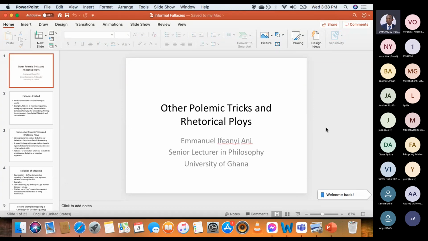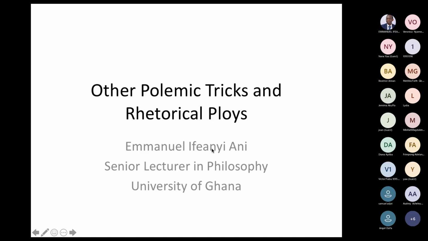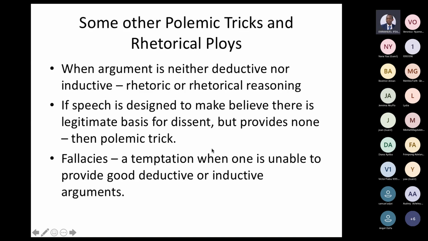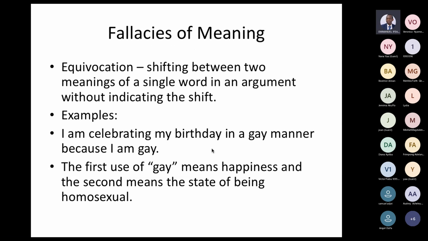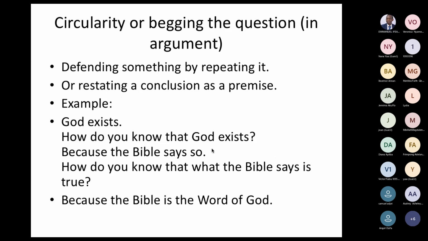So those fallacies that are committed outside these kinds of reasoning, we call them the informal fallacies. So, for instance, we have fallacies of meaning. Equivocation is an informal fallacy. Circularity is an informal fallacy, defending something by repeating it.